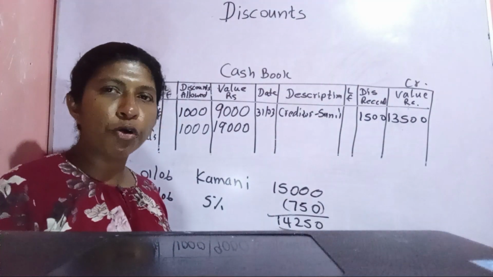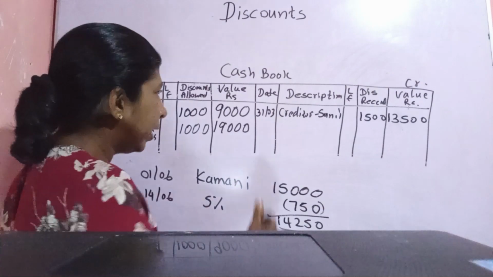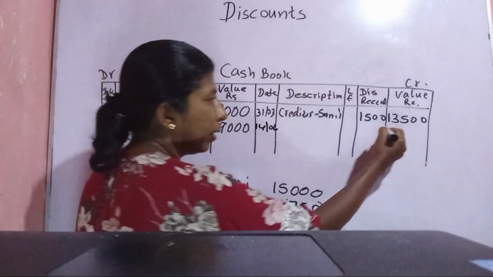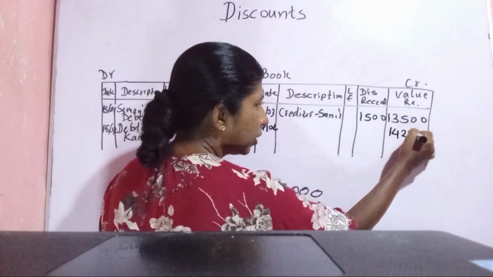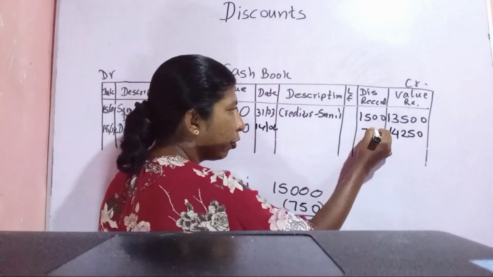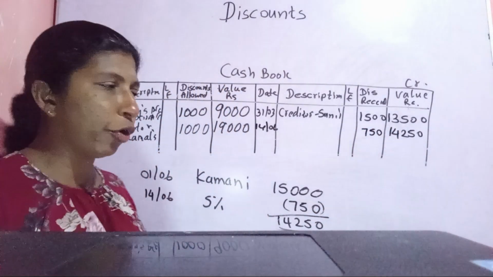Shall we see how to record this transaction also? The date is 14th June. We are making payment of 14,250. We have received a discount of 750. I wrote that in the discount received column.